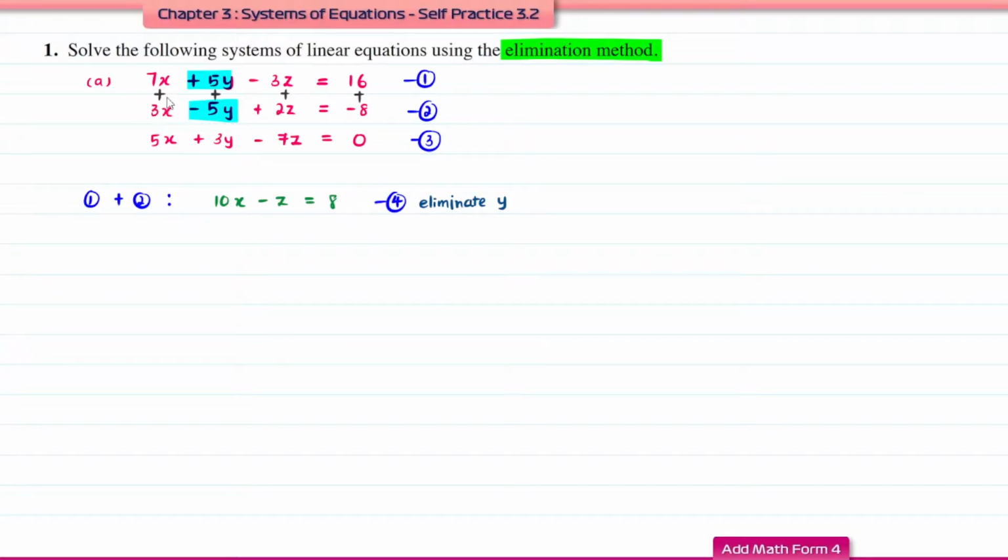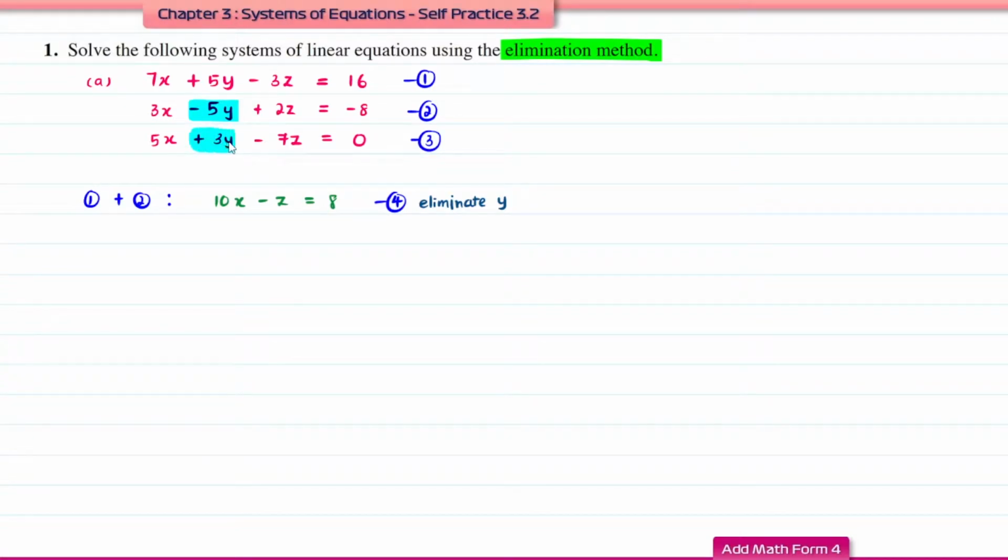Next I'm going to choose another pair of equations, either equations 1 and 3 or 2 and 3. But I'm going to eliminate the y as well, because in equation number 4 we already eliminated the y. So I'm going to choose equations 2 and 3.